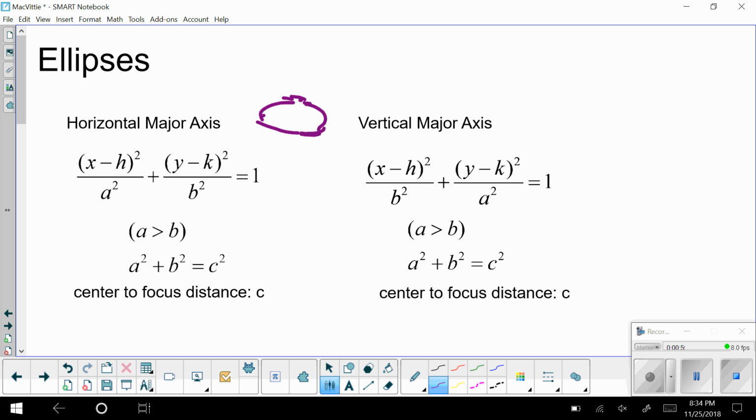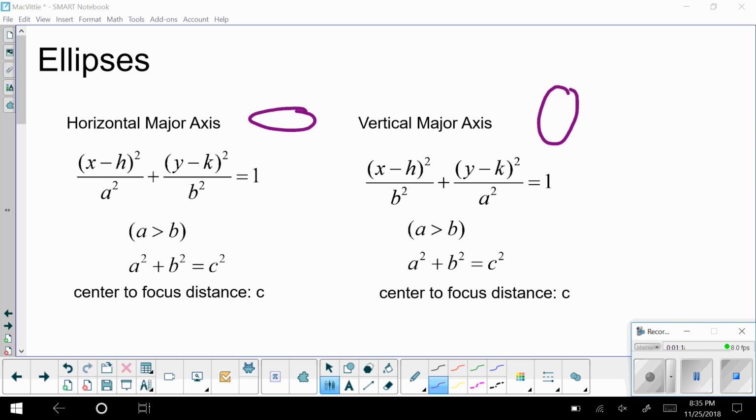Not sure why my pen is having so many issues right now. And then a vertical major axis, like this. So the key to this is, first of all, identifying whether we have a horizontal or a vertical ellipse.